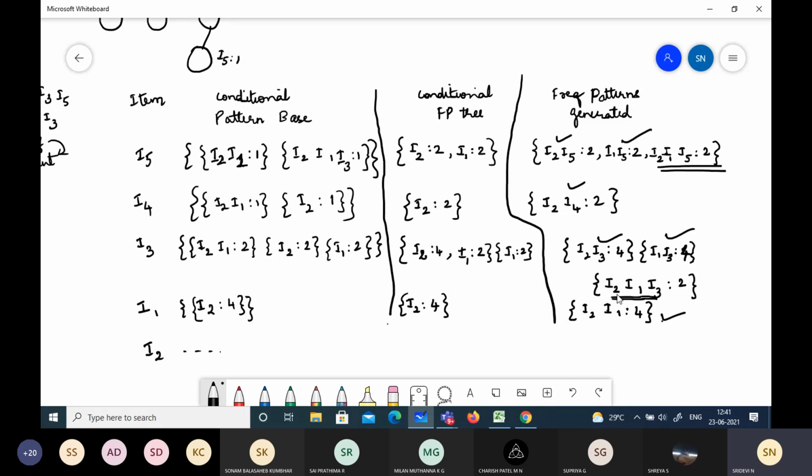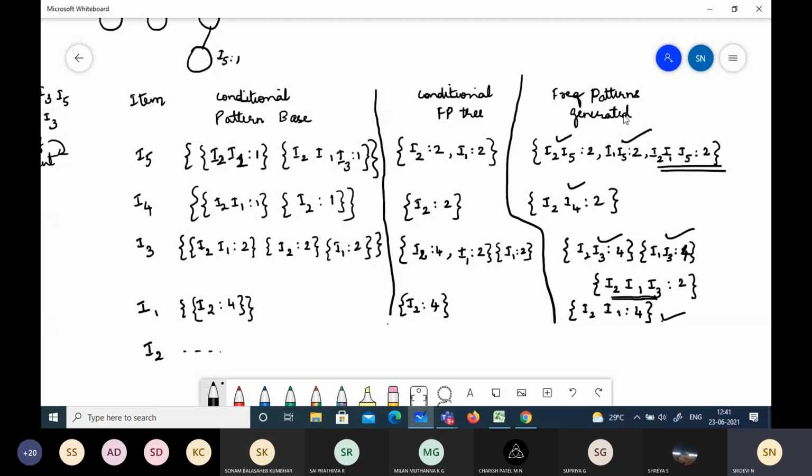So the thing is, it's easy to represent by using the FP growth algorithm. Here we are just encoding the data using the compact data structure. This is a FP tree.